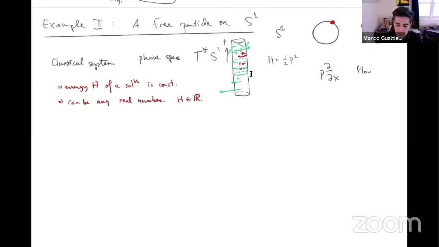And so the spectrum of the observable H is anything in the real line. It can be anything in the real line.